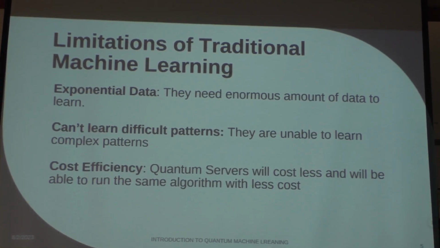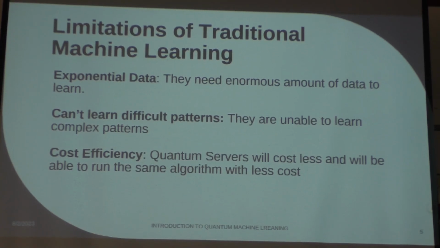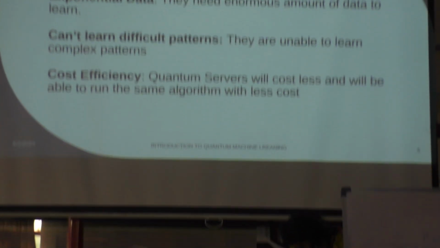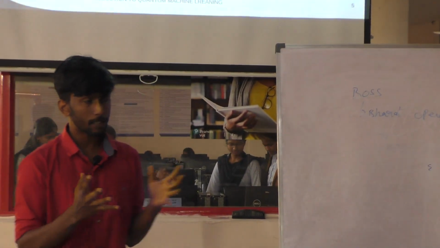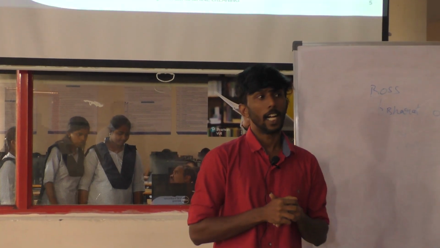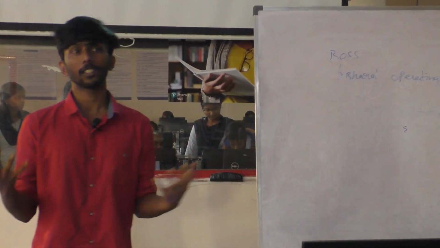So to give a motivation about why we need quantum machine learning, it's important to know what is the current gap that we are seeing. You can probably tell me more about that. This is what I could understand: there is an exponential amount of data. It is not like in the old days where data was scarce.